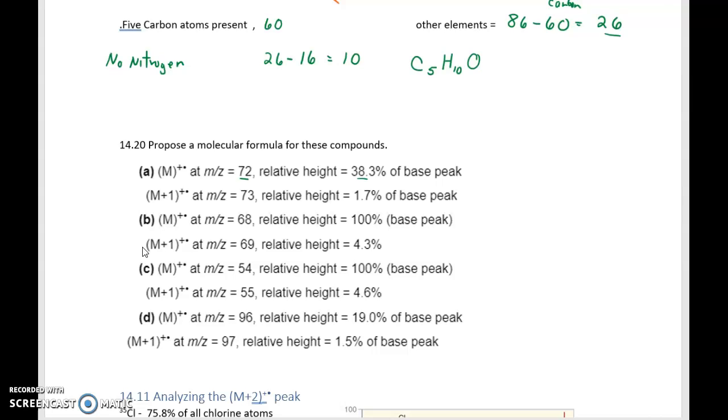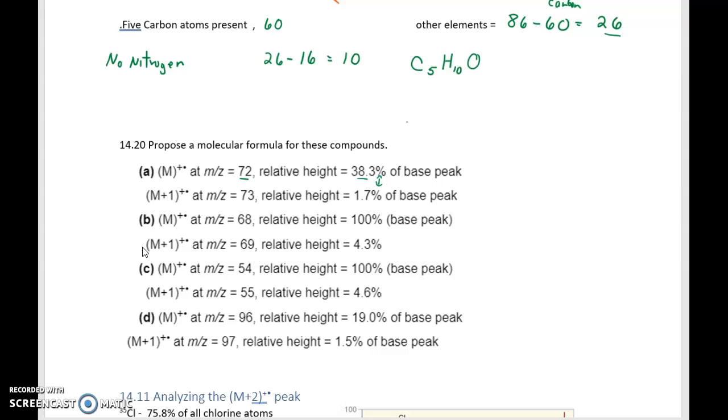So we have a molecular peak that is 28.3% of the base peak, and we have an M+1 peak that is 1.7%. So we need to figure out how these two relate to each other.